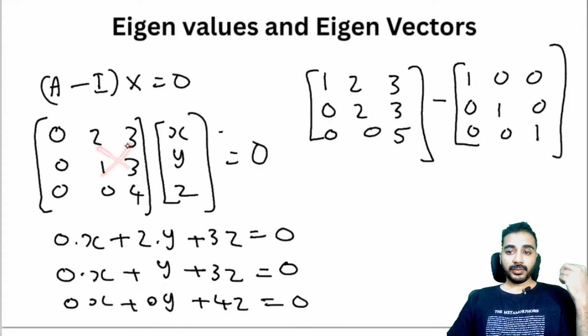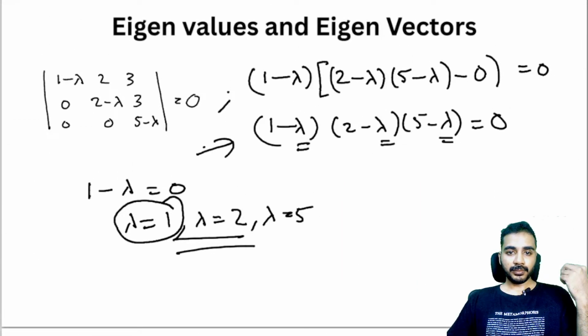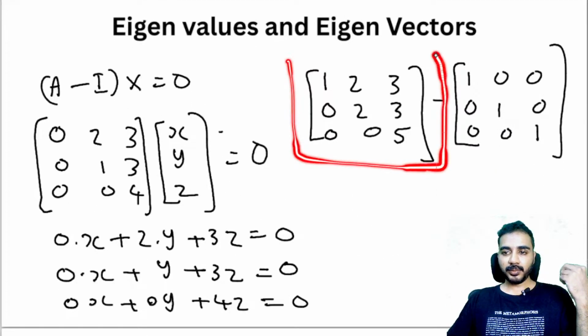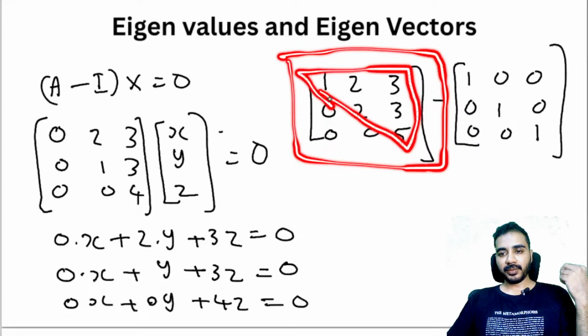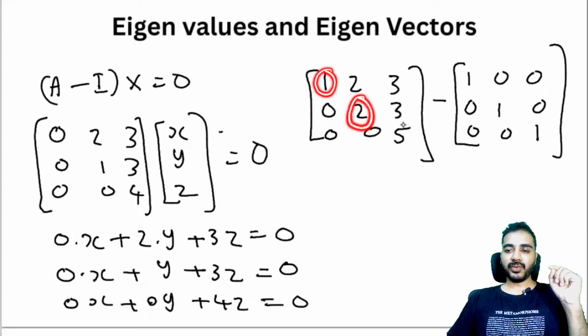Sorry, not this one. This was the original matrix A. So this is an upper triangular matrix here, and its eigenvalues are nothing but its diagonal elements 1, 2, 5.